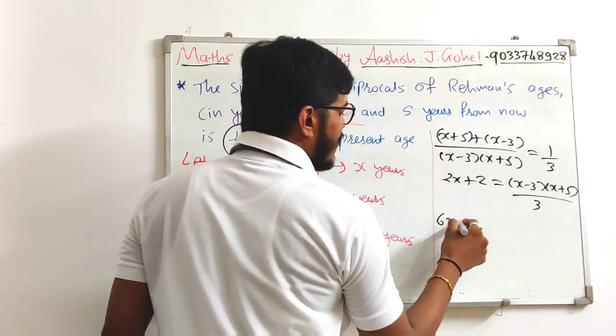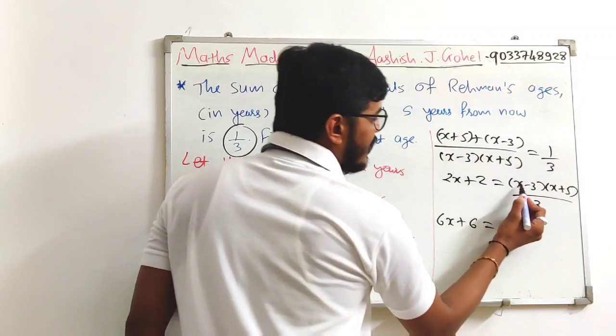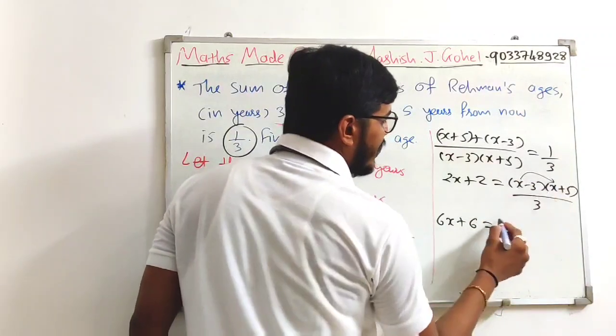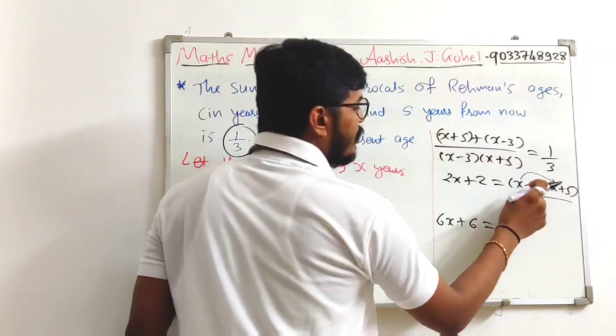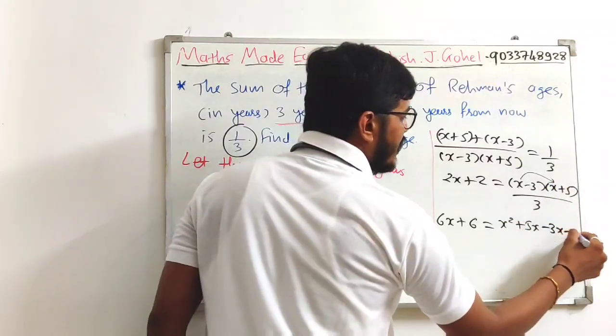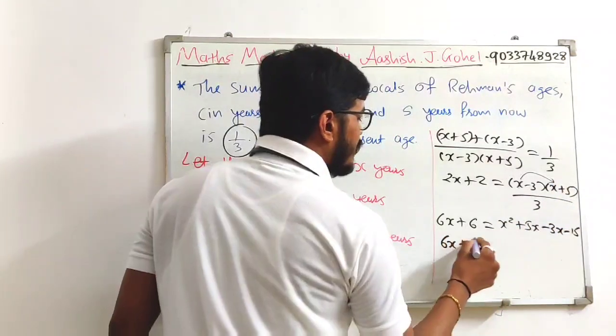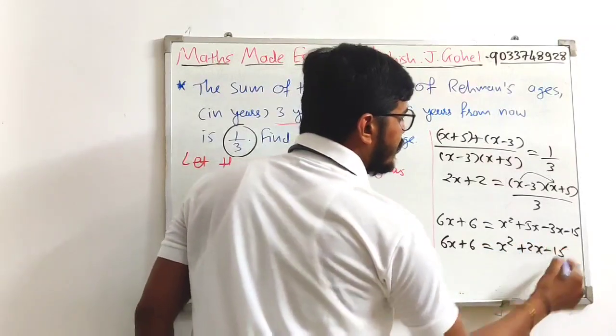So it will be 6x plus 6 is equal to, if I multiply these brackets, then the multiplication of x with this whole bracket will give you x square plus 5x, then the multiplication of minus 3 with this whole bracket, so minus 3x minus 15. So we will get term like x square plus 2x minus 15.